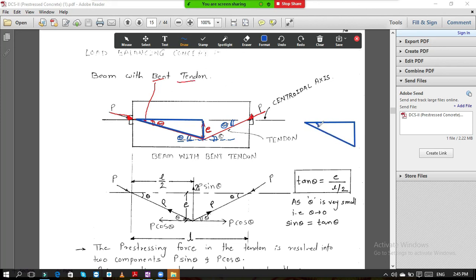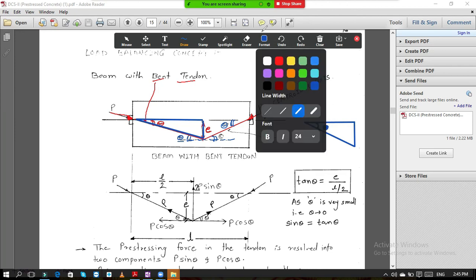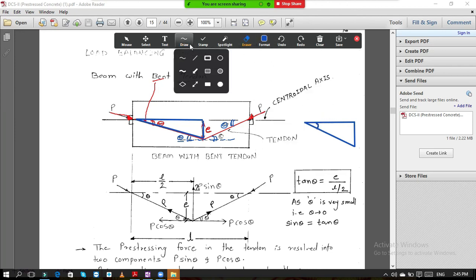This is your angle theta. This is your eccentricity E. And if this total length from this point to the end point is L, then this length is by default L by 2, because it is always bent at the center. So this length is L by 2.